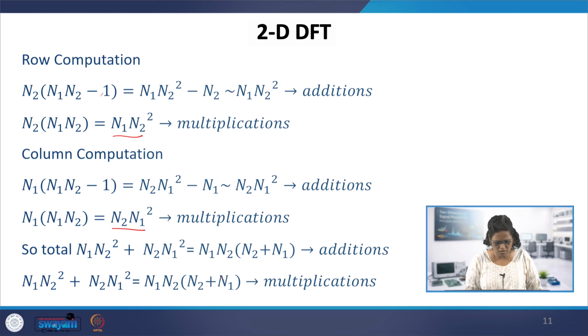The multiplications and additions are approximately the same, because we neglected the minus n2 and minus n1. This is the number of multiplications and additions required in the 2D DFT computation with row-wise and column-wise decomposition.